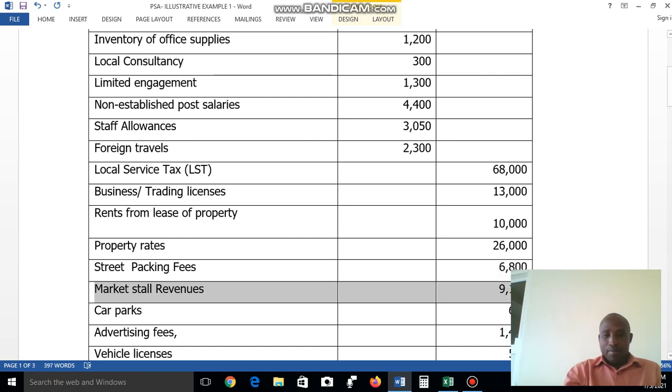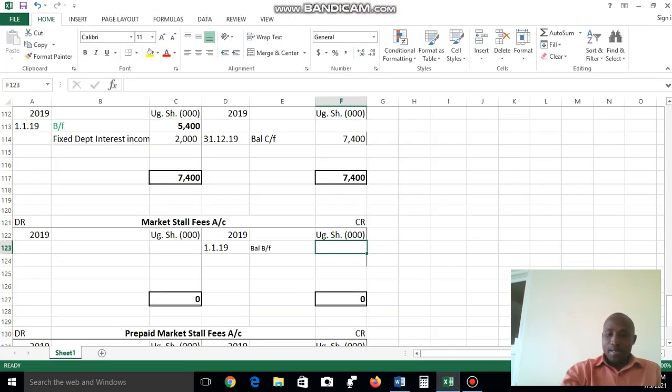So the opening balance here will be 9,100,000. Then we shall remove the 50%, because they are saying 50% of this money related to the following financial period. So during the course of 2019, we shall remain with a half, 50% for 2019, 50% for 2020.